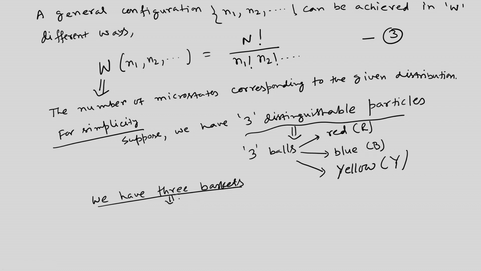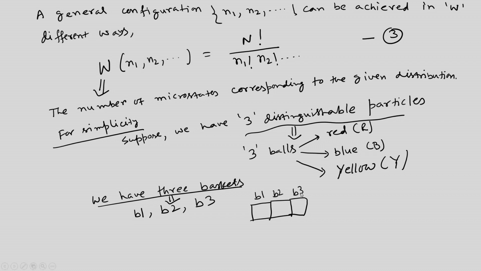So, we consider the three baskets as basket 1 or small b1, small b2 and small b3, like these are the three baskets, this is B1, B2 and B3.